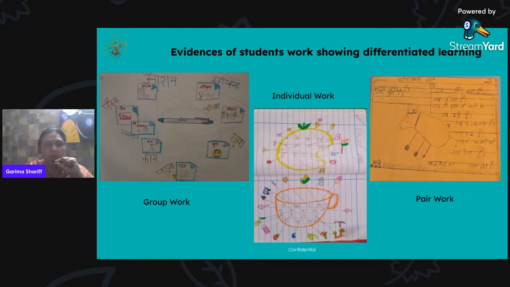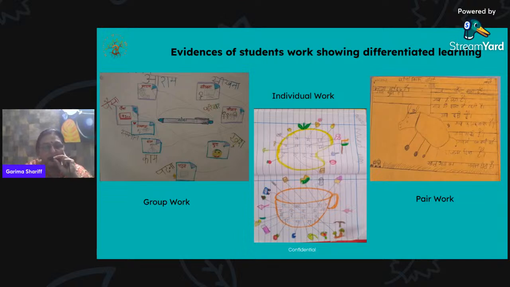These are some of the examples which I have tried, and it has become a big hit in my classroom, because again, coming back to the Hindi language, it becomes very difficult for us to make them learn a simple sentence initially. So I make them divide it. This is an example of pictograph sketch noting which I had done in the form of group work.